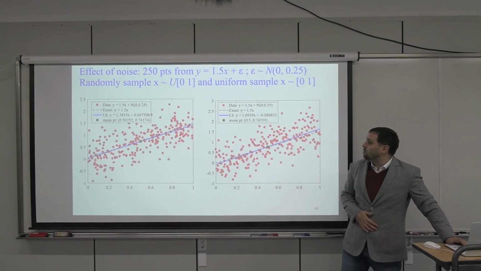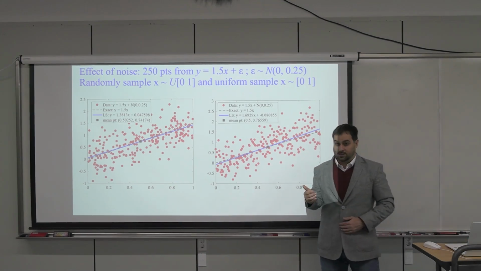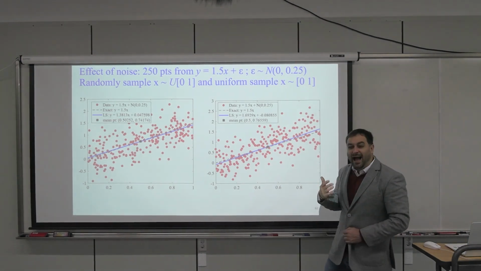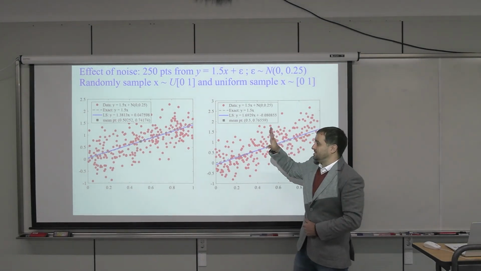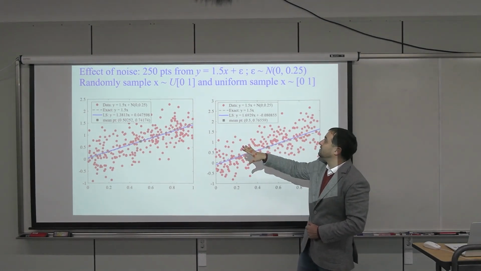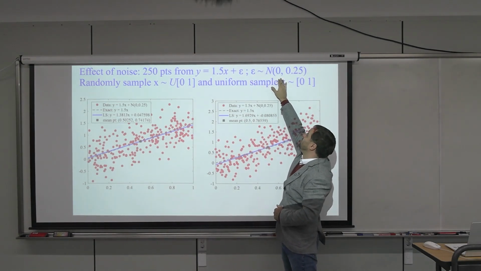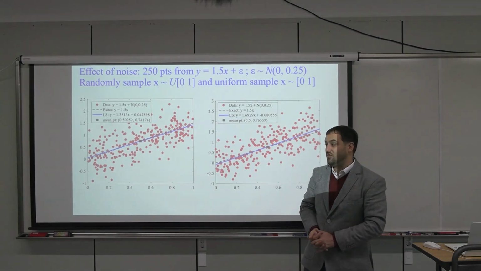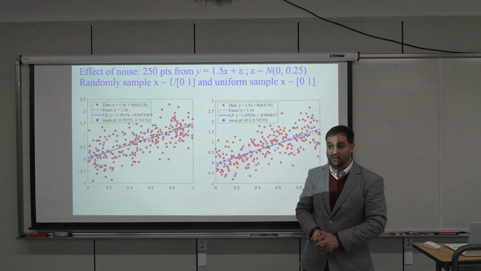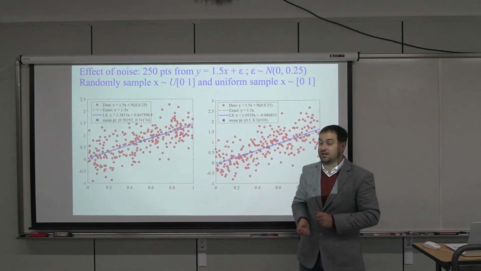So let's do one more example, but let's look at the effect of the magnitude of noise on the regression. Here I'm doing the same two cases, but now our random noise is normally distributed with mean zero, but variance of 0.25. That means the standard deviation is 0.5, so we've increased the noise standard deviation by a factor of 5.